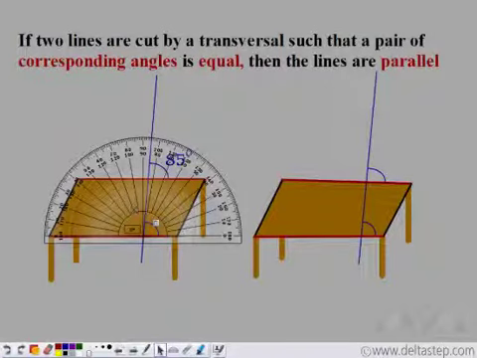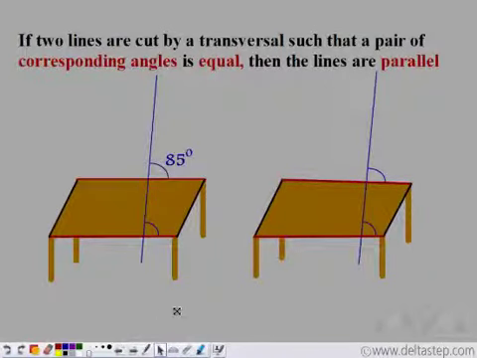So we can see that this angle is also 85 degrees. So we see that these 2 angles, which are corresponding angles, are equal. Hence we can say that this line is parallel to this line.